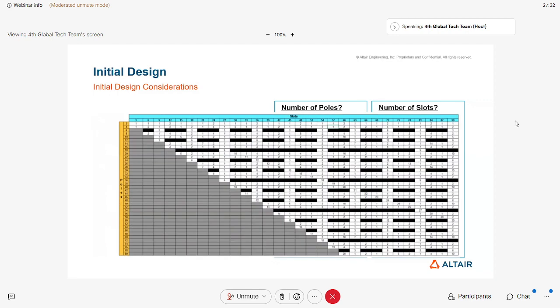Please note that in Flux Motor, you cannot make configurations that are not physically feasible. So, for instance, if you choose 14 poles, you cannot use 6 slots. If you choose 14 poles, you have to put a minimum of 12 slots, right?